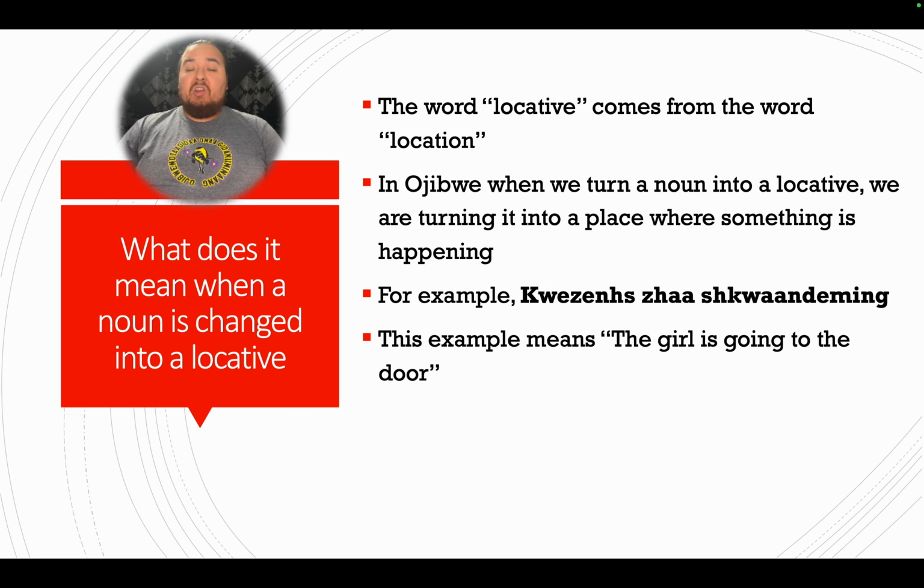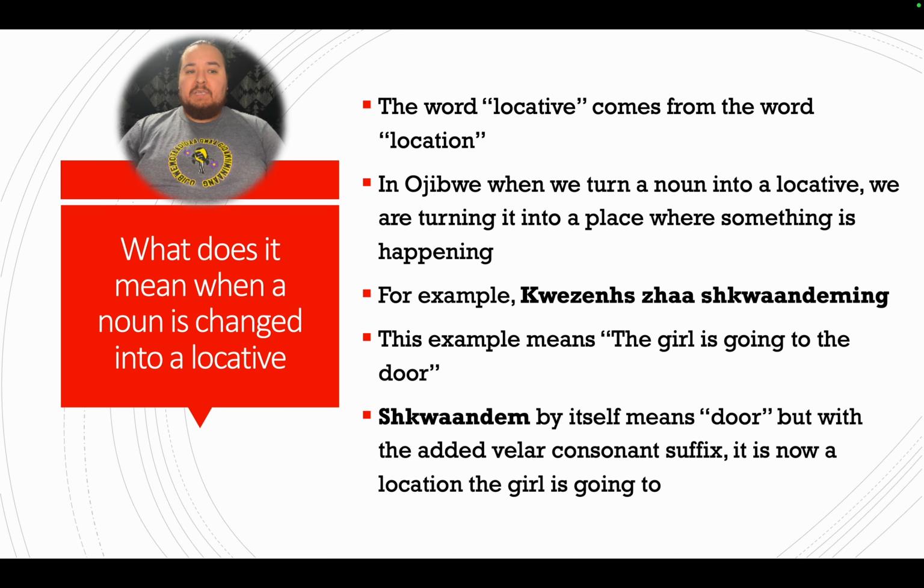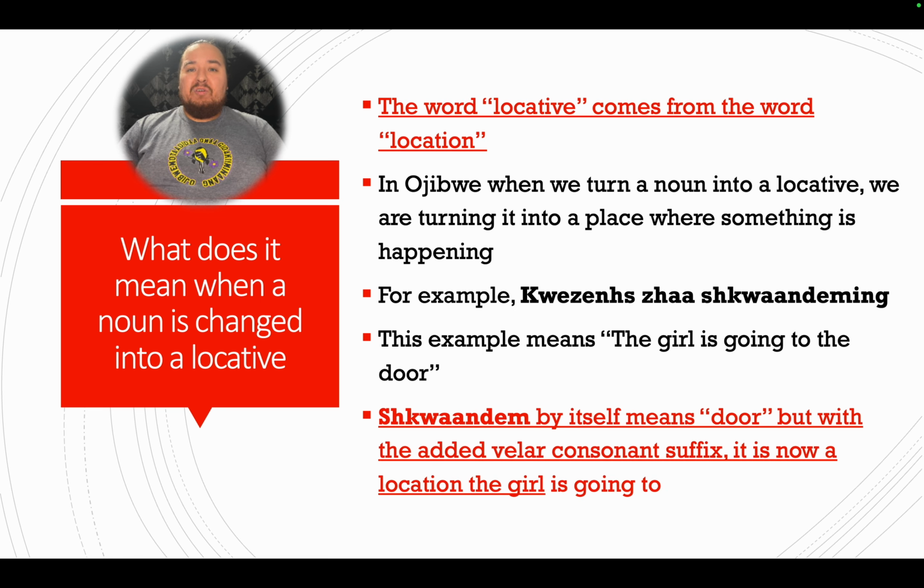This means that the girl is going to the door. Shquandem by itself is door, but with the added velar consonant, it's now a location where the girl is going to. So here I've indicated the points for you to write down for your notes. Pause the video and write these down, please. All right, let's move on.